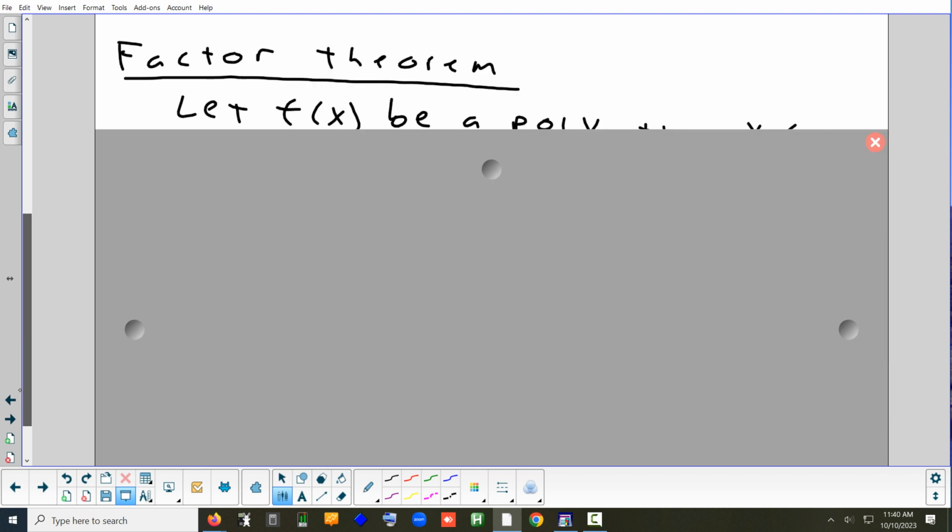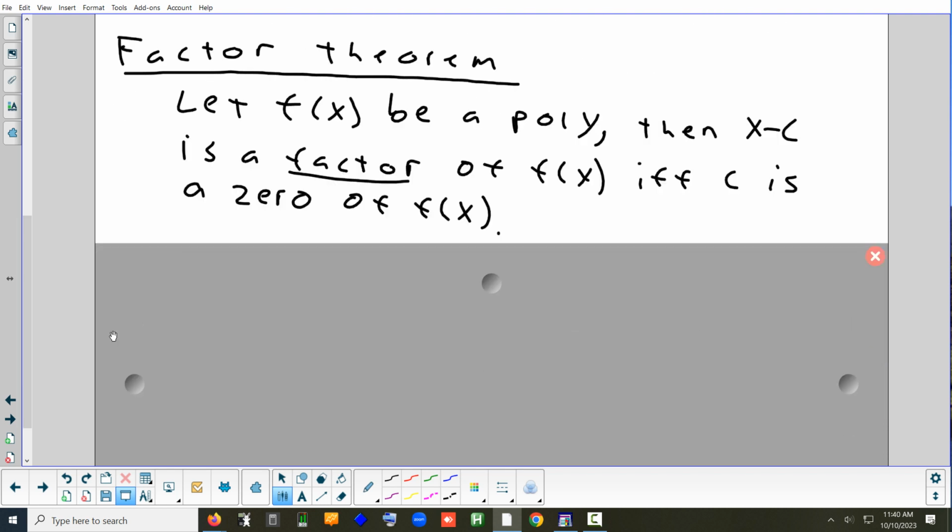Okay, so now let's look at this. The factor theorem is basically just the remainder theorem, stating that if you get 0 as a remainder, then what you divided by is a factor.